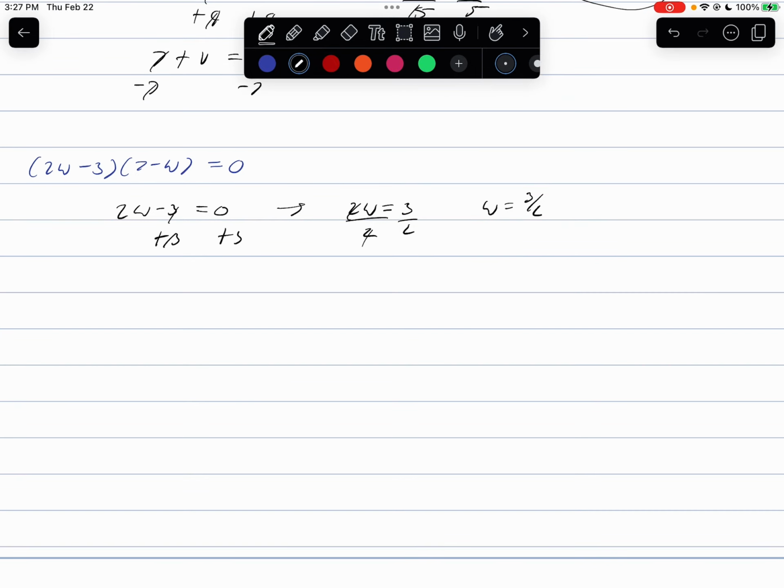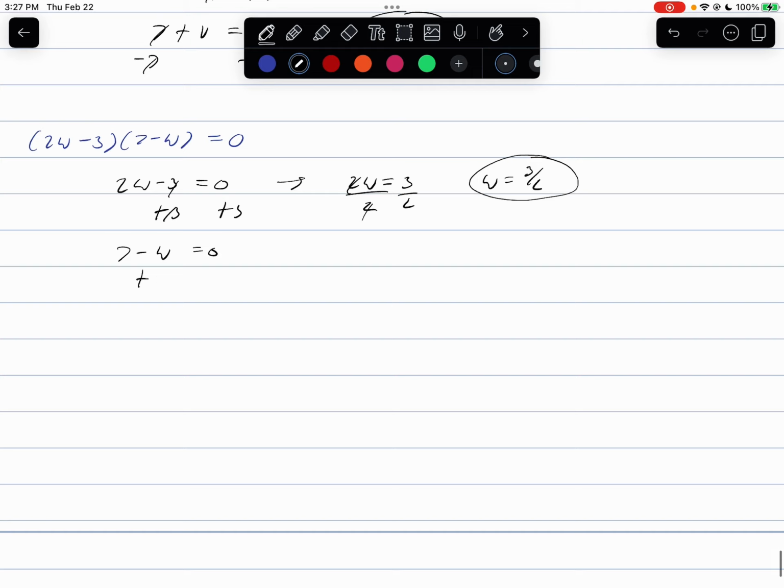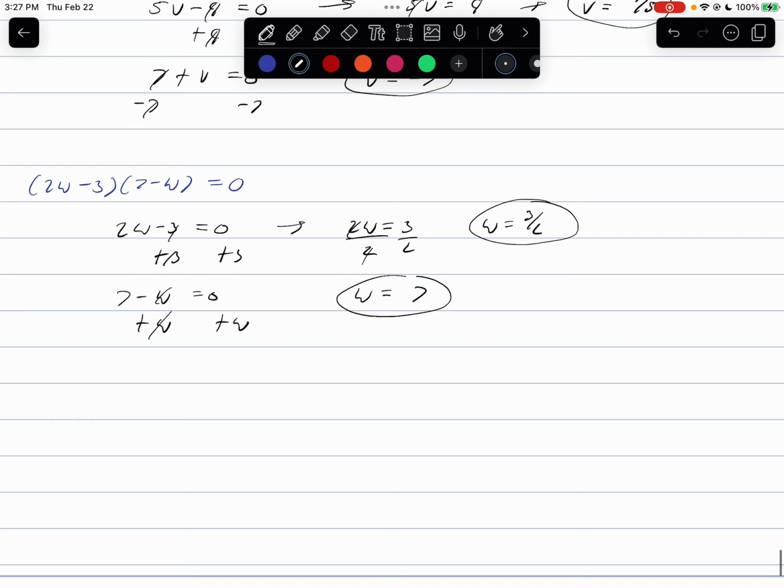So that's one of the solutions. And then for the other one, we have 7 minus w is equal to 0. And for this one, it'd be easiest to just add w to the other side. Keep everything positive. So we'll have w is equal to 7. So again, these would both be considered valid solutions to this equation.